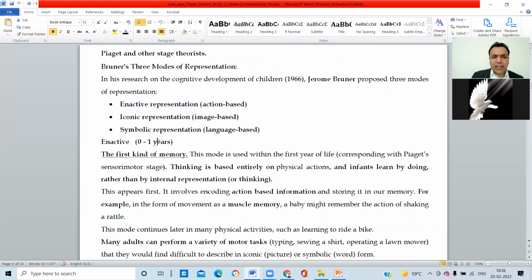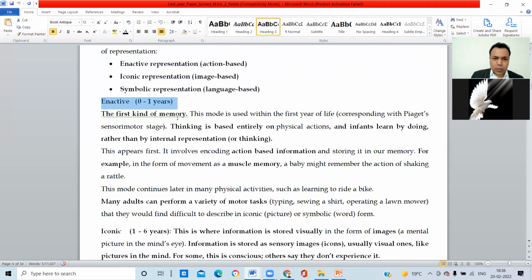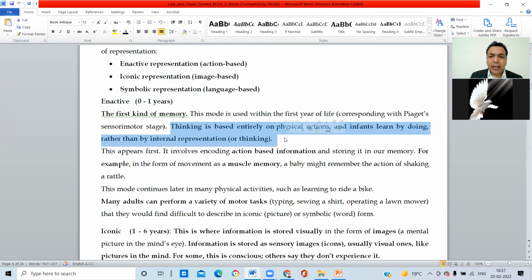Enactive means the age of the baby is 0 to 1 years. Then you have to talk about what kind of activity he does according to Bruner's theory of cognitive development. For example, thinking is entirely based on physical action, and the infant learns by doing, because the child cannot speak, symbolic he doesn't know.